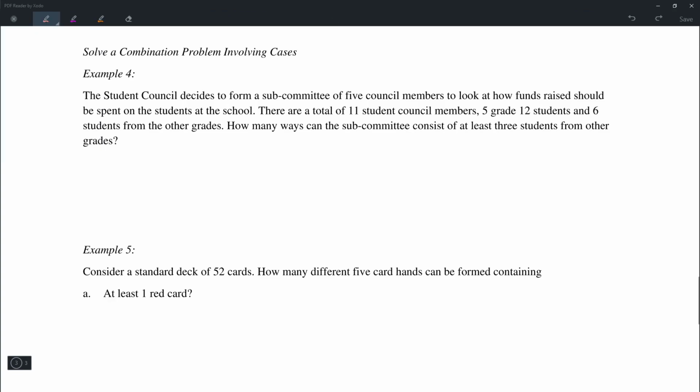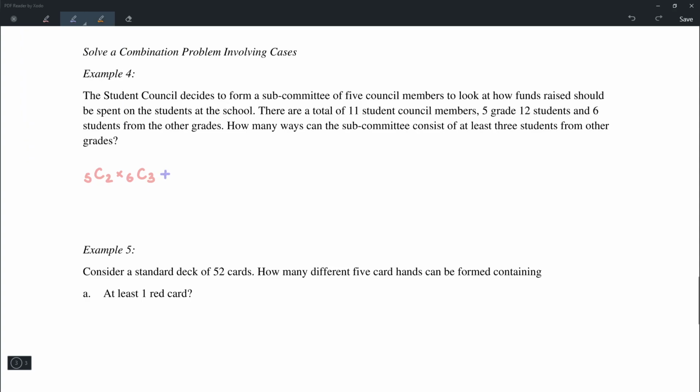Okay, so there is the first case where there are 3 students from other grades, which means there are going to be 2 grade 12s, so 5 choose 2 for the grade 12s, and then 6 choose 3 for the other grades.